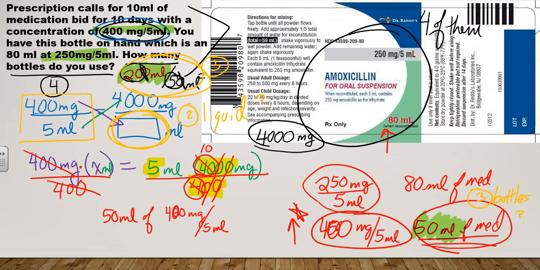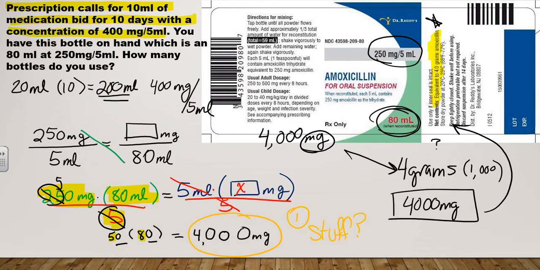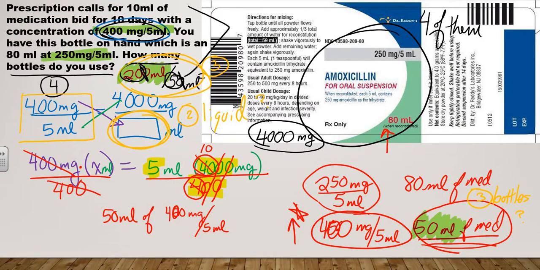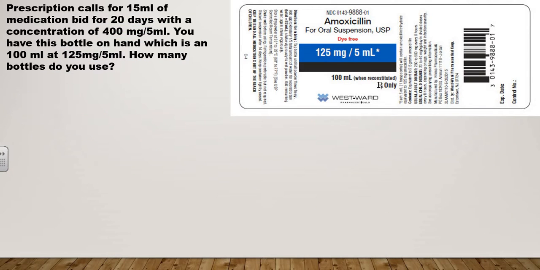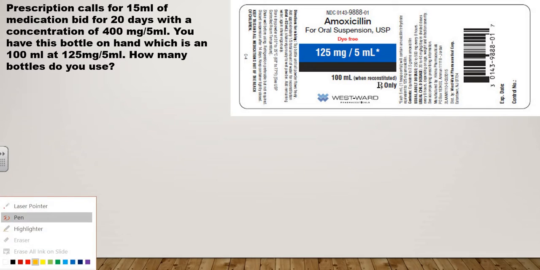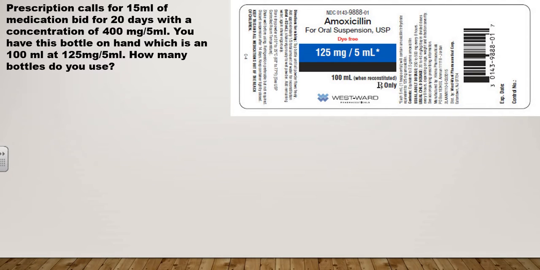I know this seems like a lot of numbers to you, so let's do another one. I know you can do this. Just rehearse it to yourself. Let's do one more so that you're comfortable. It says right here, the prescription calls for 15 milliliters of medication, BID, for 20 days. I don't know if that's a realistic medication.